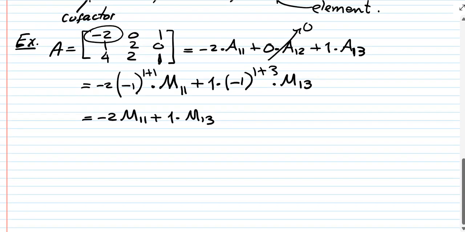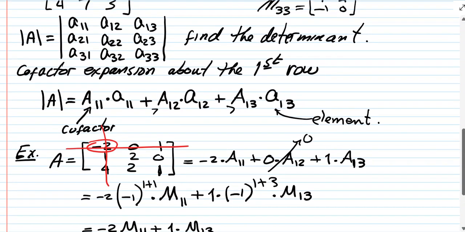Now we've got to do the minors. Remember how I did the minors earlier? You delete the row and column in which the element appears. So for the minor of the element in the first row, first column, you delete the row and the column in which that element appears. So that's going to be the determinant of 2, 0, 2, 1.